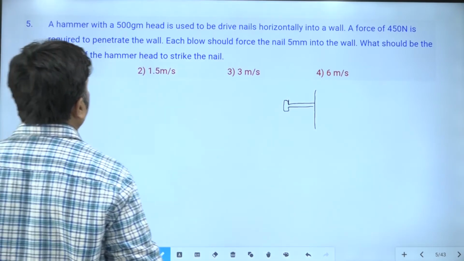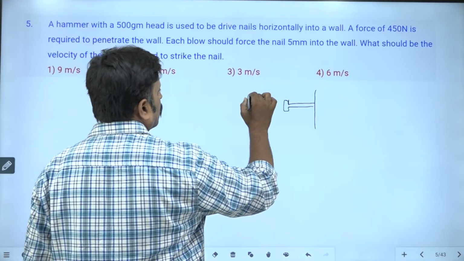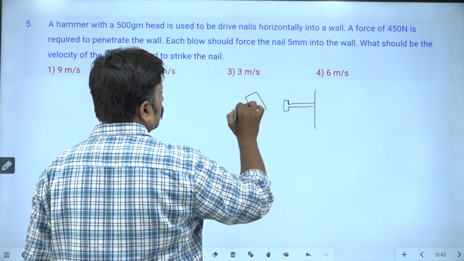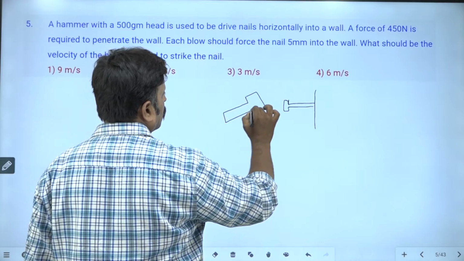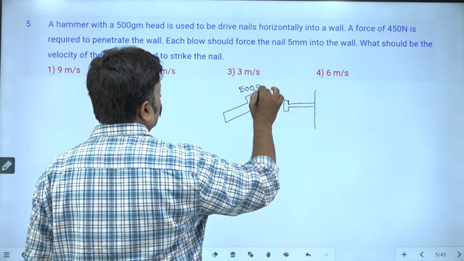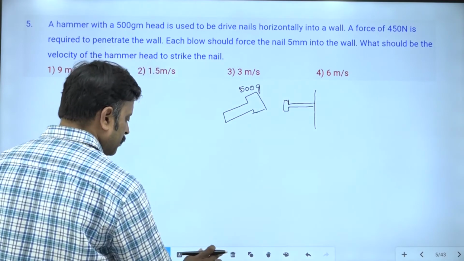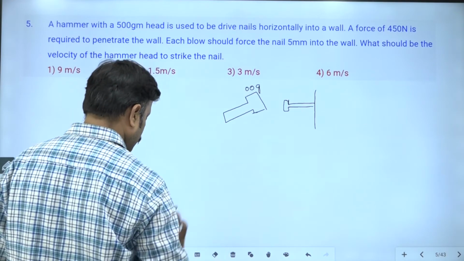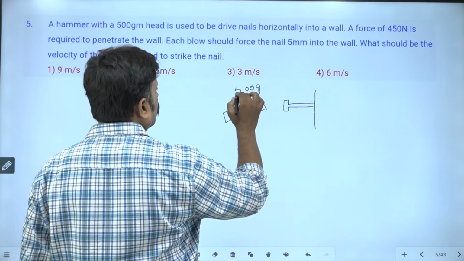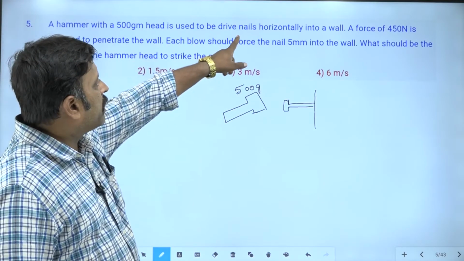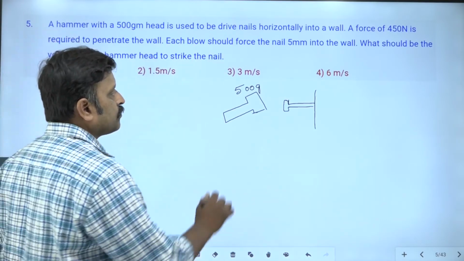A hammer with a head of 500 grams is used to drive a nail horizontally through a wall.